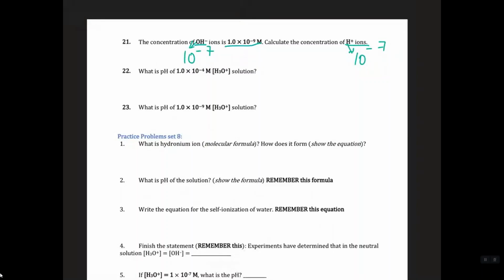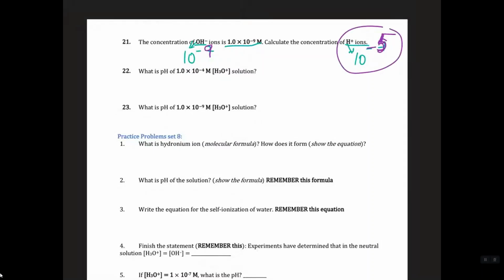Now my concentration changed to become 10 to the negative 9. So it decreased by 2 powers. That means that this has to increase by 2 powers, right? So the increase is going to be negative 5. So my answer is going to be 10 to the negative 5.